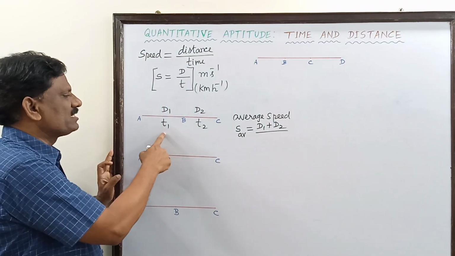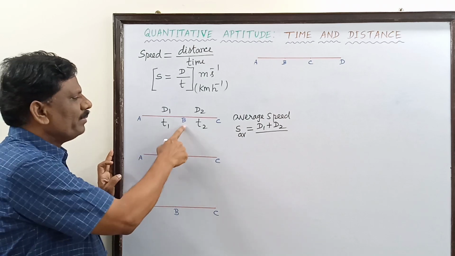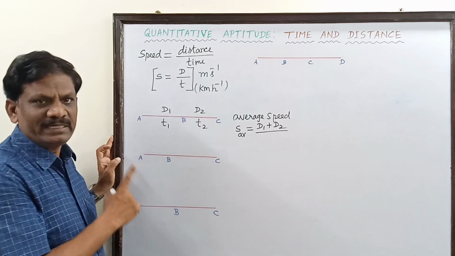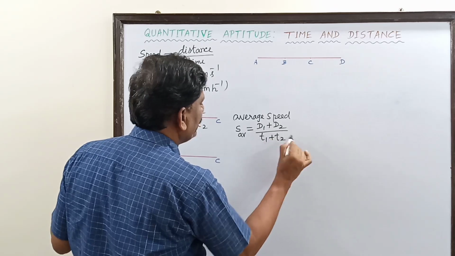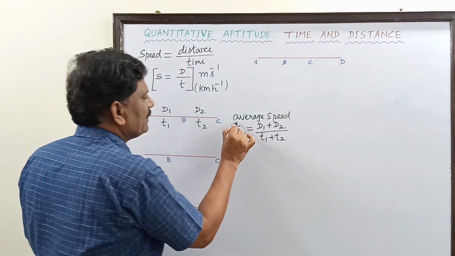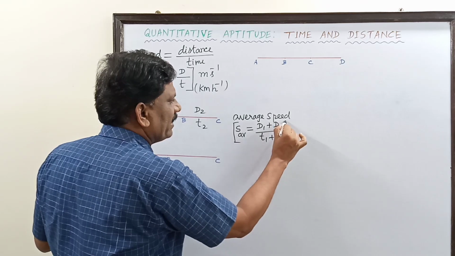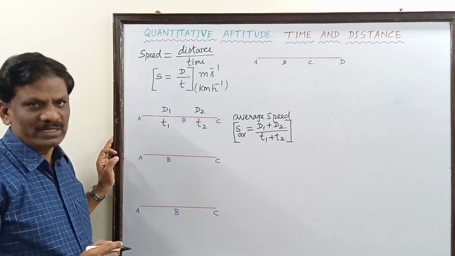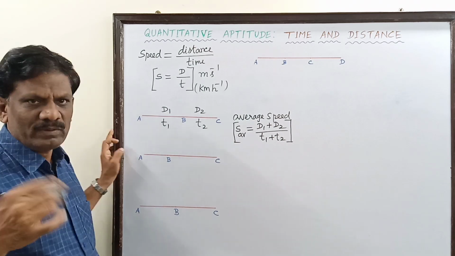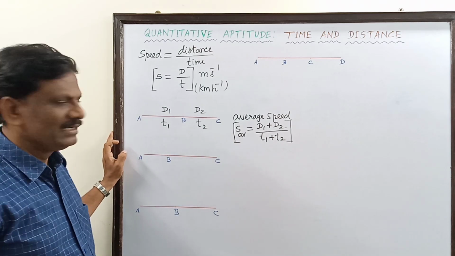So A to B is traveled in a time T1, B to C is traveled in a time T2. Therefore it must be T1 plus T2. So this is the expression in general for the average speed of a body. Okay, now let us take some special cases.